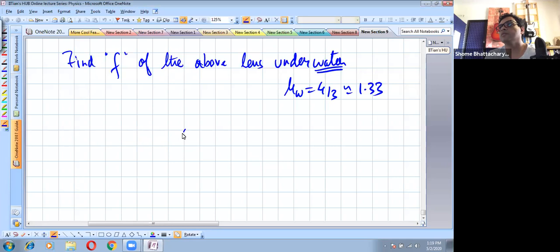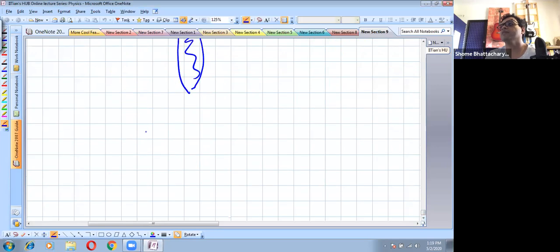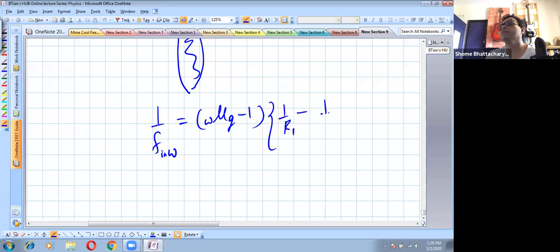So this situation now, the same lens is underwater. You don't need to do any fundamental calculation. You can just understand it this way: the focal length in water is given by the refractive index of glass with respect to water minus 1, into 1/R1 minus 1/R2. Now compare this with the normal situation, that is the focal length in air.